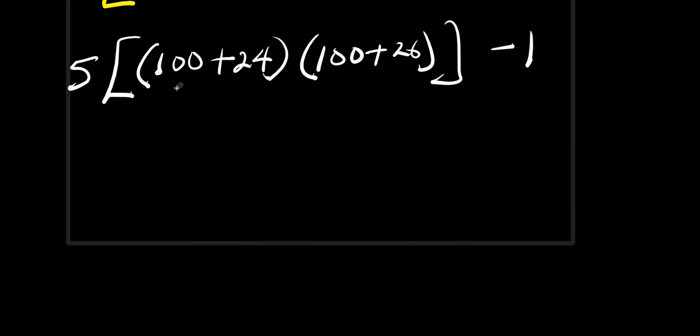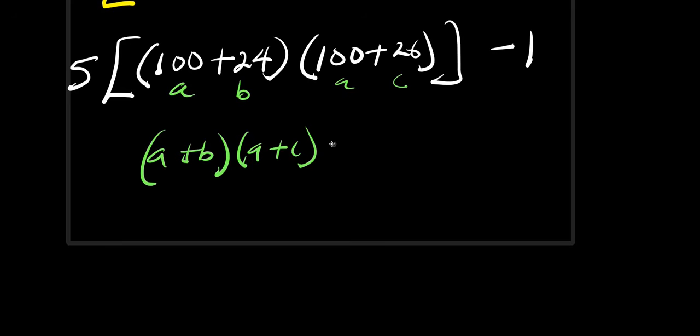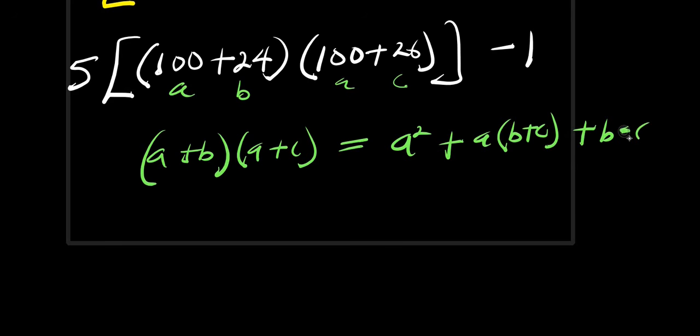So this is in the form of A plus B, A plus C. So if you have A plus B times A plus C, for you to expand this, you make use of A squared plus A times B plus C plus B times C. Then factor in this A, B, and C right here. Remember, there is 5 here and there is minus 1 here.